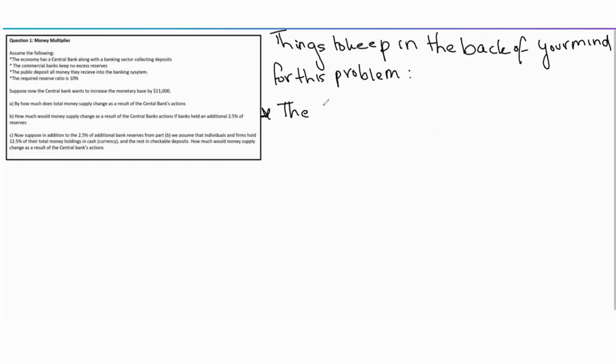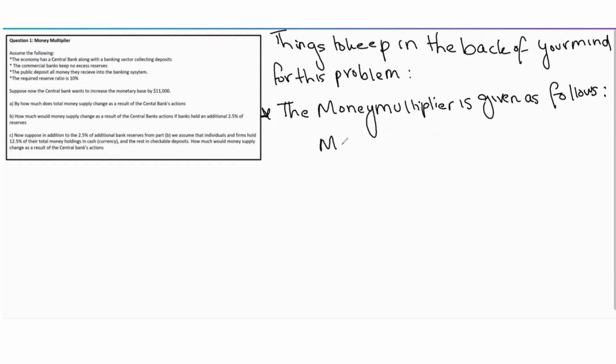So here the money multiplier is given as follows. Multiplier is equal to 1 by c plus theta (1 minus c).